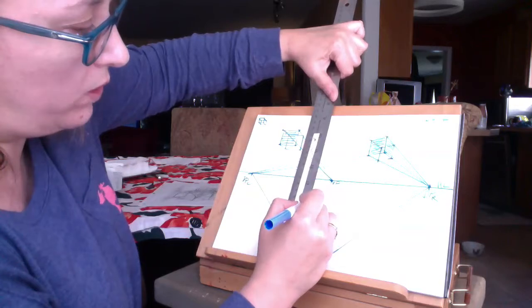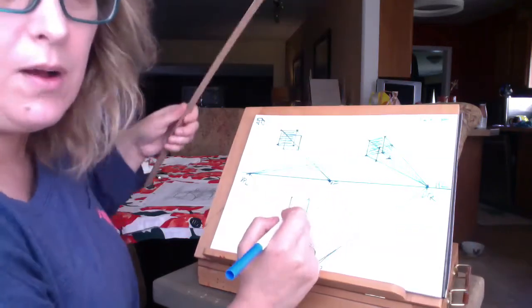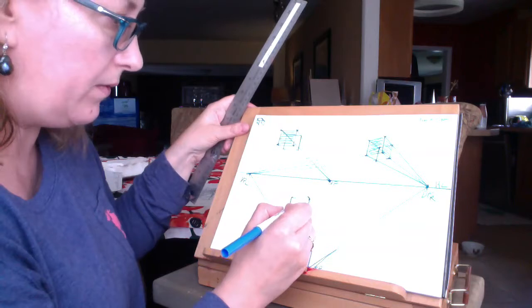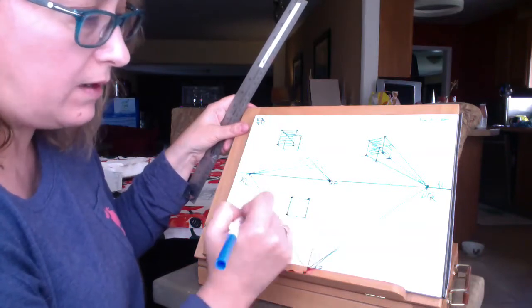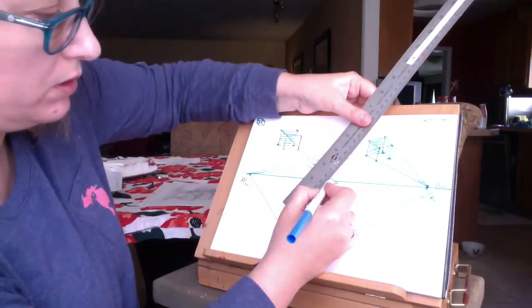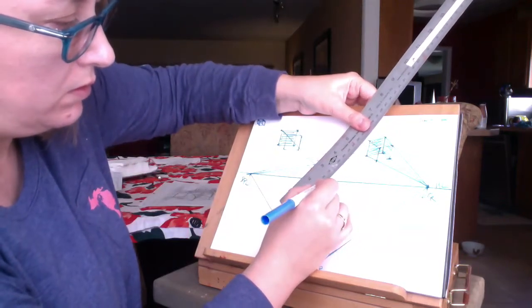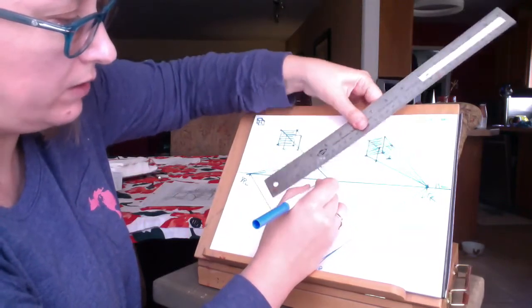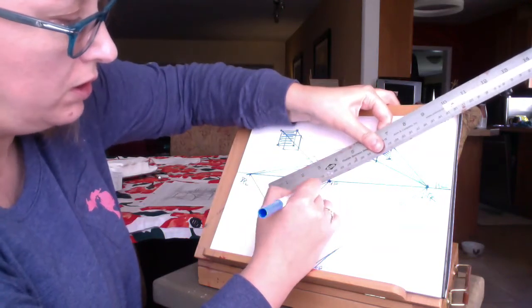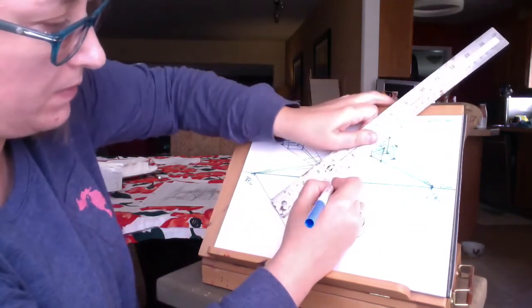I do prefer working bigger, but with the video, it's easier to see if I draw smaller. So here's my perfect cube. I can vanish those cubes again to that center. Each of the 4 corners of the cubes I can vanish to the vanish point at the center of my paper.